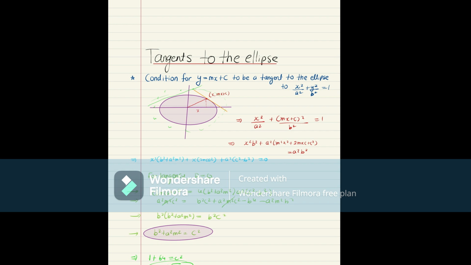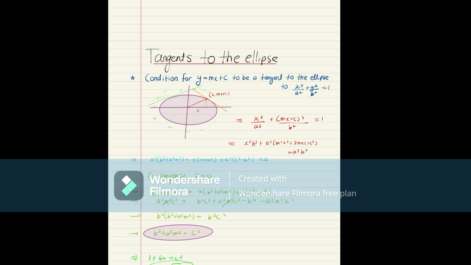This is a quadratic in x. Now for tangency, the discriminant of that equation needs to be equal to 0. So you equate (2mca square) whole square with 4 times the coefficient of x square and the constant term. Then you get that final relation.